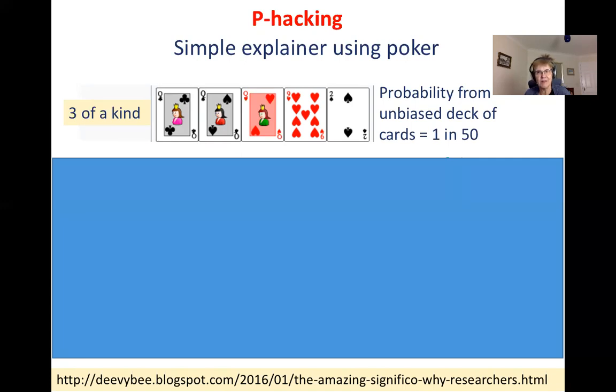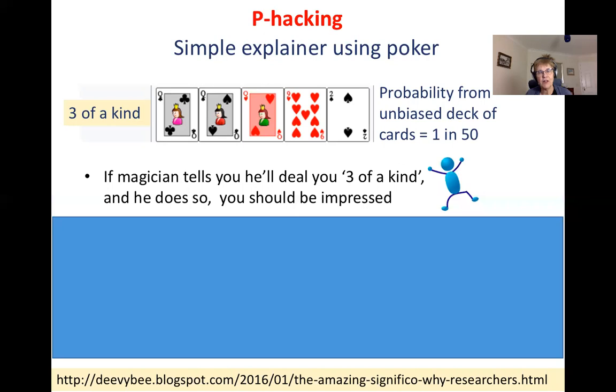People started to get very interested in the mathematical properties of different card hands, for example. And we know that if you're playing poker, this is a hand called 3 of a kind, where 3 of your cards are the same, they're different suits, but the same value. And we know that that sort of hand, which is moderately valuable, comes up on about 1 in 50 draws just by chance, if you're taking an unbiased set of cards.